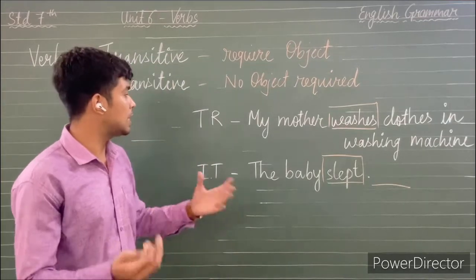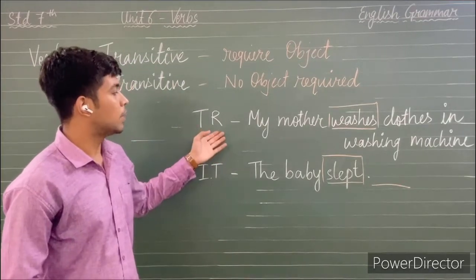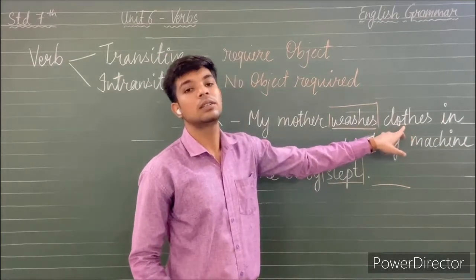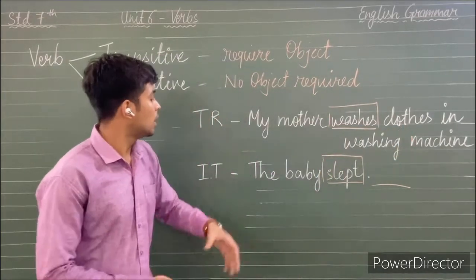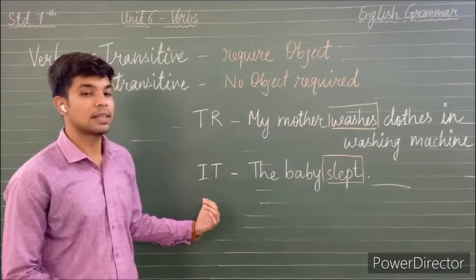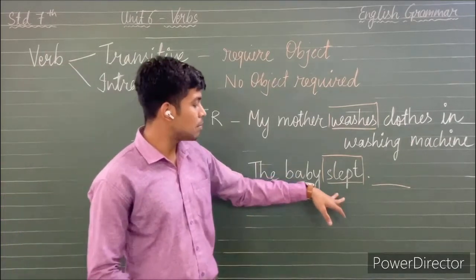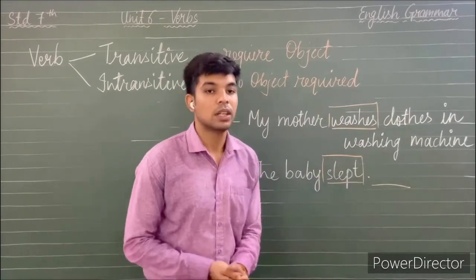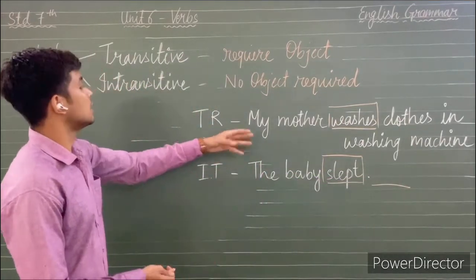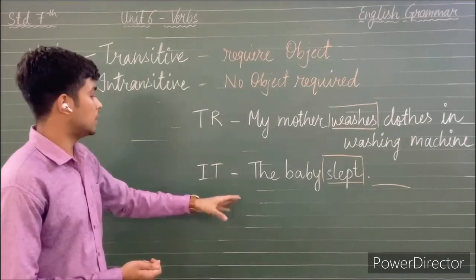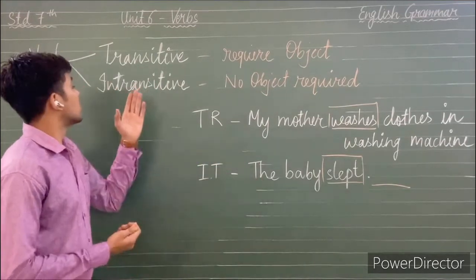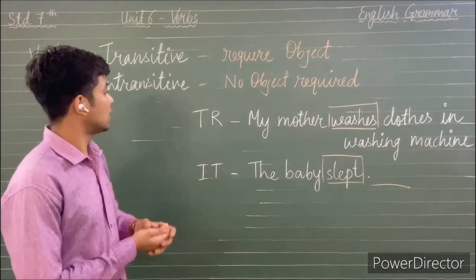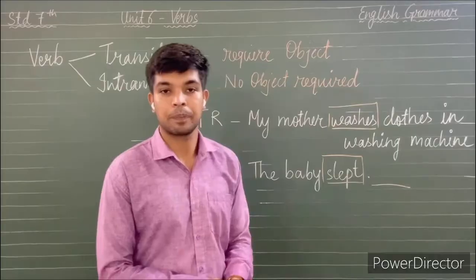In the first example, washes is the verb which requires an object, and in the intransitive example, the baby slept, slept is the verb, but it does not require any object. So this sentence has a transitive verb and this one has an intransitive verb.